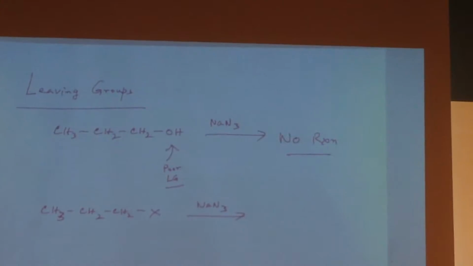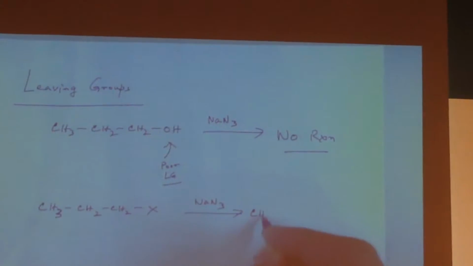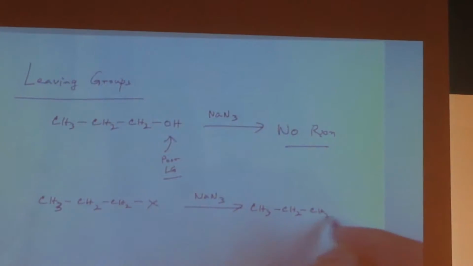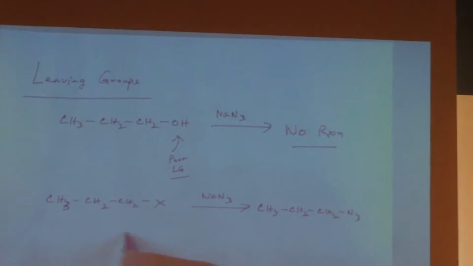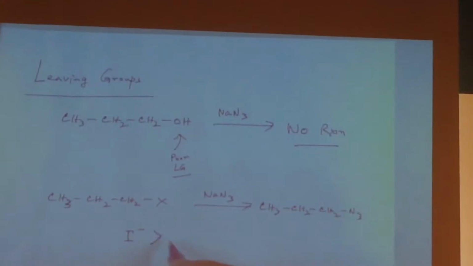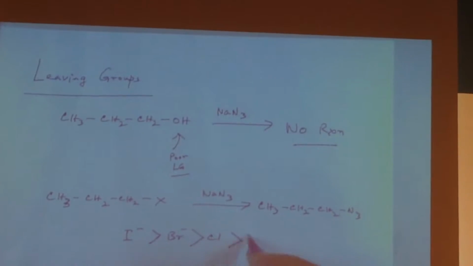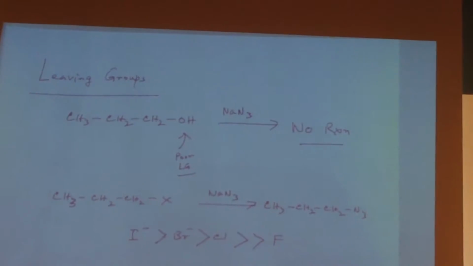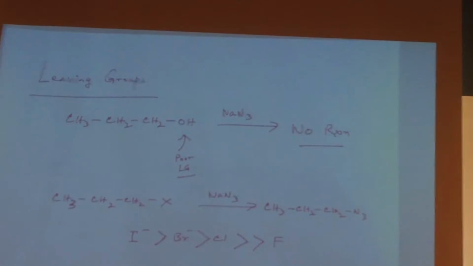Depending on the type of halogen that's there, you will get the product, but the rates would be significantly different from one another. And in this case, I minus is far superior to Br minus, which in turn is better than Cl minus, and F doesn't work very well. F is a little better than OH, but nevertheless it's not very good either. So there is a clear-cut effect of the leaving group there.